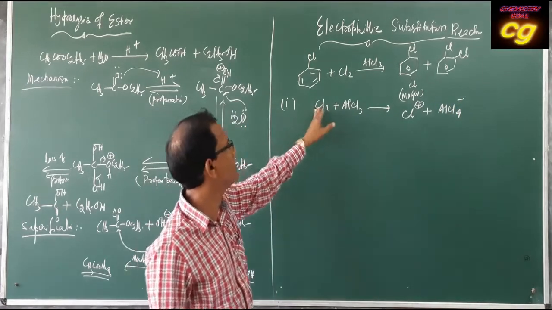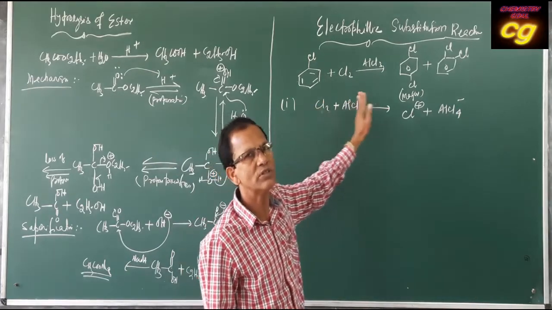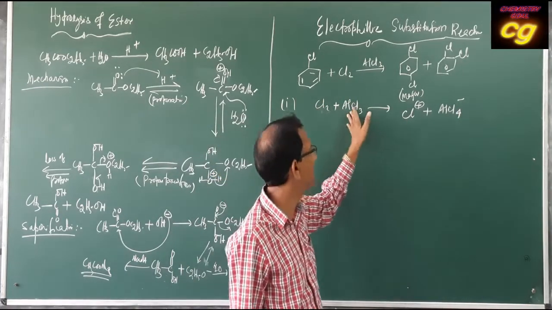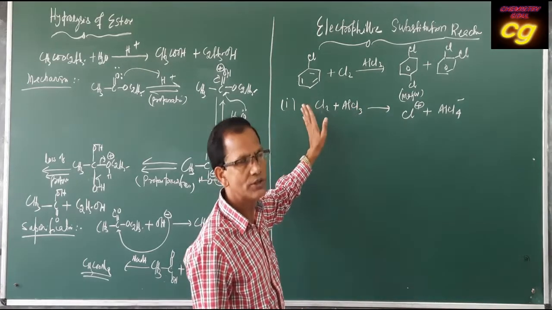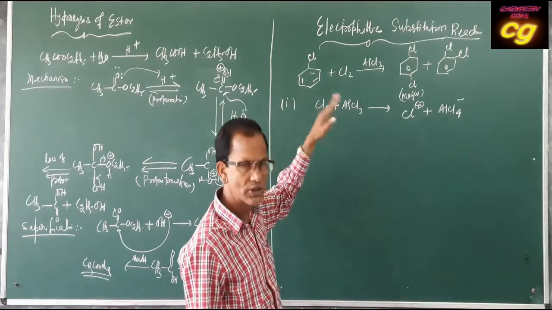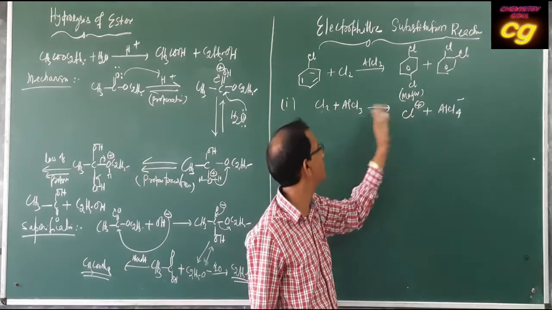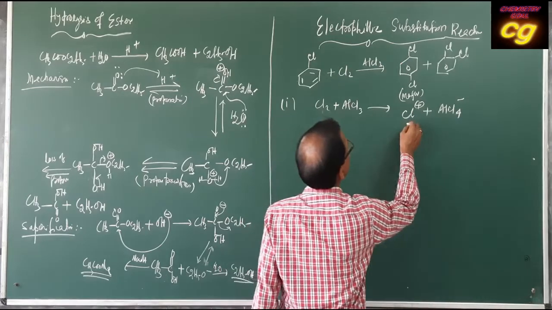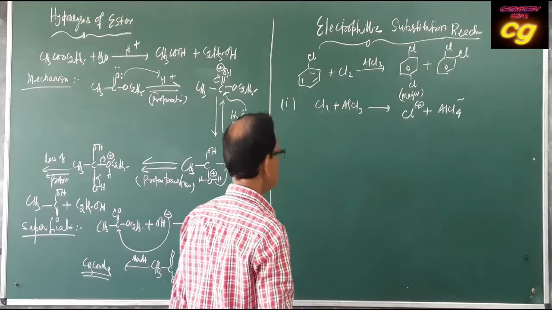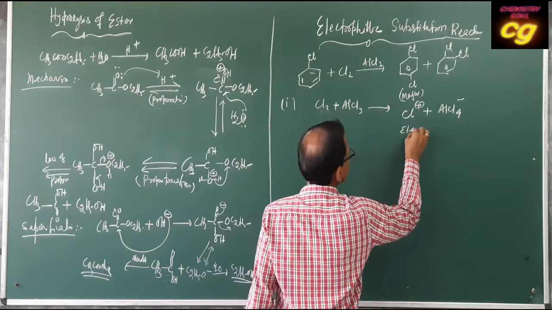That means chlorine dissociates in the form of Cl plus and Cl minus. Cl minus will be taken up automatically when aluminum chloride is in the presence of Cl2. One Cl minus is accepted by AlCl3, forming chloronium. This is called chloronium ion, which is the electrophile.